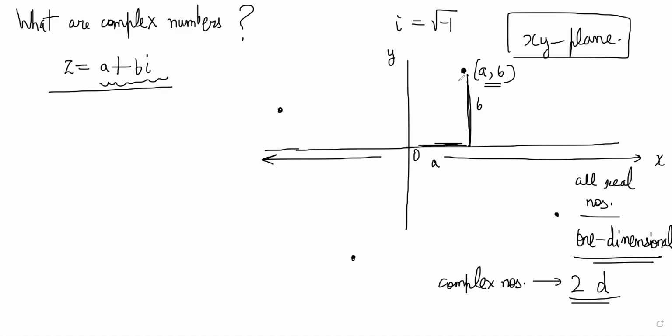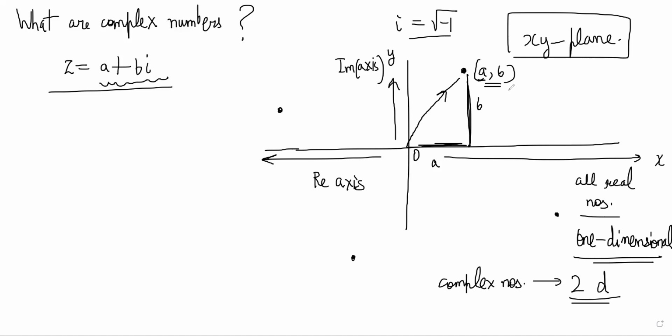The complex number is a plus bi, where i is the square root of -1, and this is your imaginary axis, and this is your real axis. The first part of the coordinate of that point is your real part, and the second part is the imaginary part. Just like in coordinate geometry, the xy plane, there are two numbers to denote a point. Same thing is happening here in complex numbers.